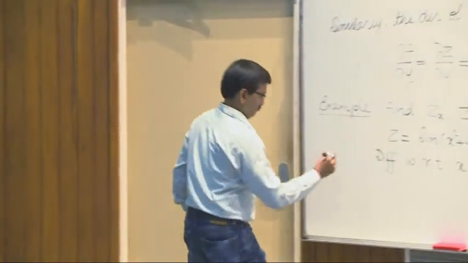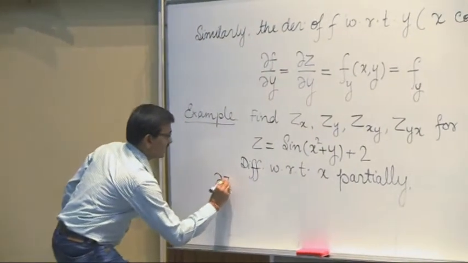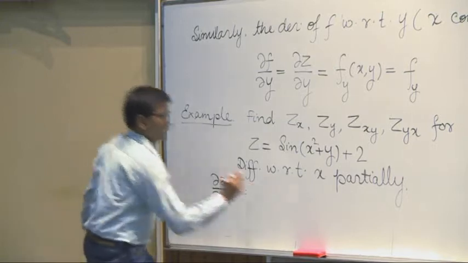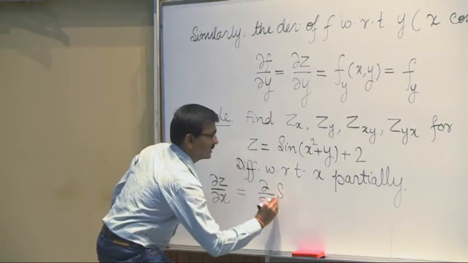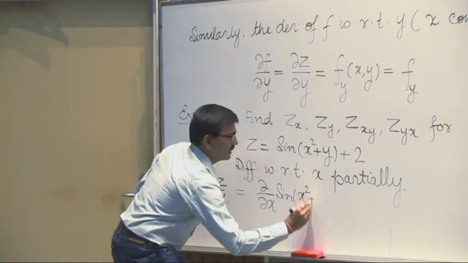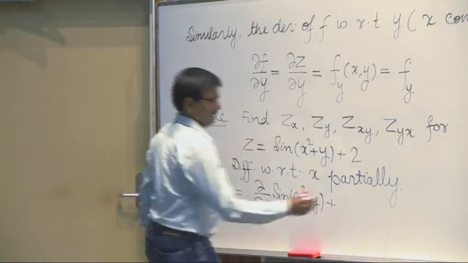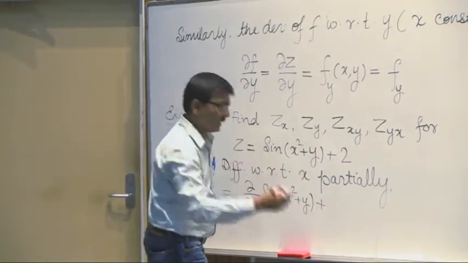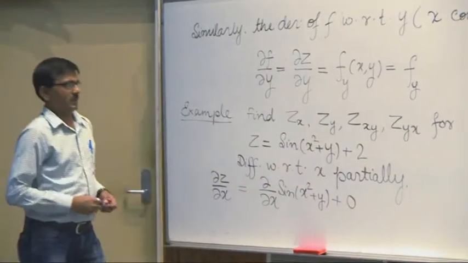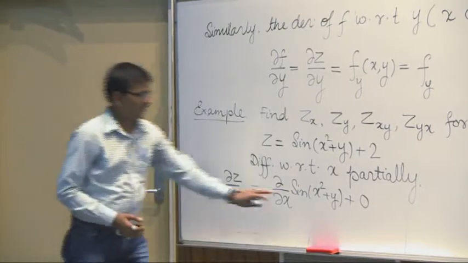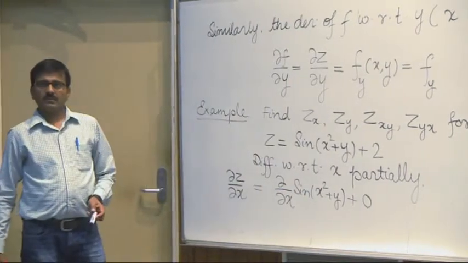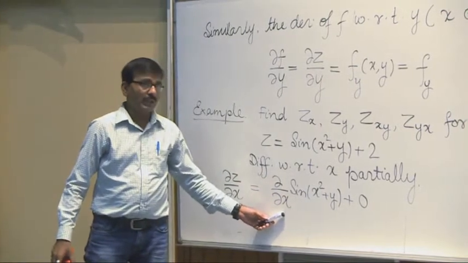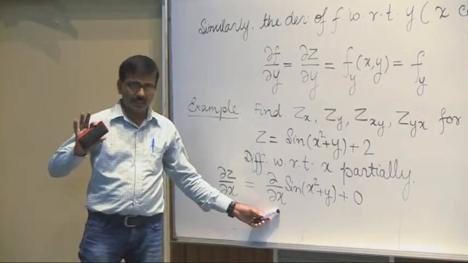So this will be del z del x, that will be del by del x of sine of x square plus y plus 2, and the differentiation of 2, with respect to x or y, will be 0. Okay? Now what is going to happen here? This is your differentiation with respect to x only. We treat y as a constant.